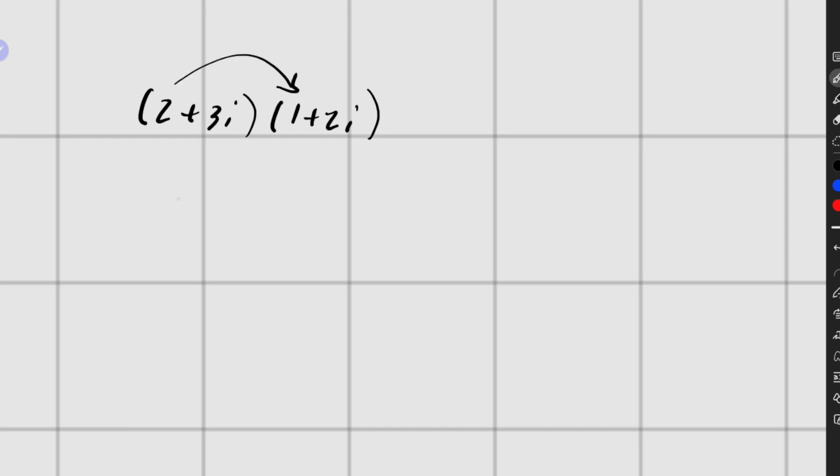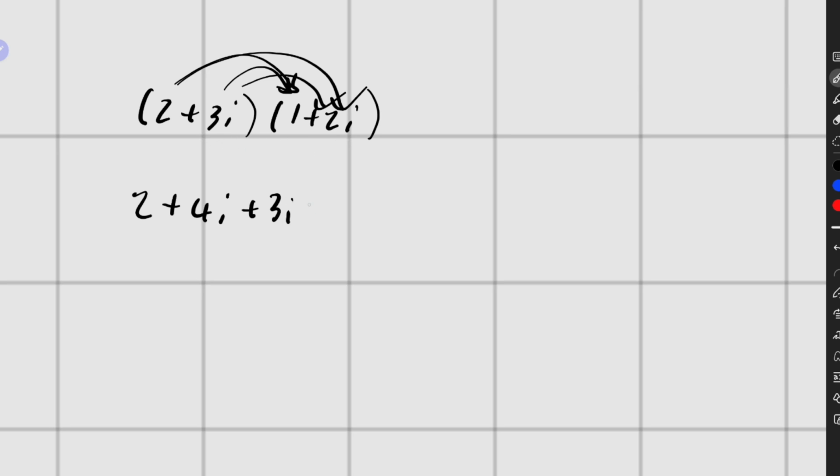You're going to write that 2, times 2i is 4i. Then you move to your second term in the first bracket, 3i times 1 is just 3i. And then you're going to take your second term and multiply it by your second term.